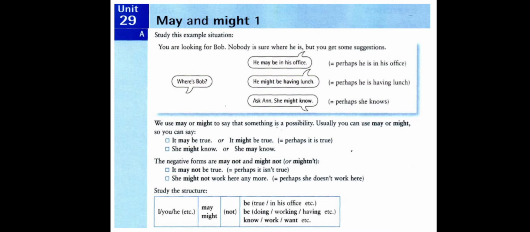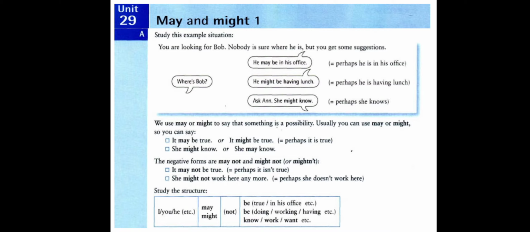When we are sure that she knows, then we say she knows. And to make possibility or probability, we may use might and may. And knows is changed into its base form know. So it becomes like this. She might know or she may know, because may and might are followed by the base form.